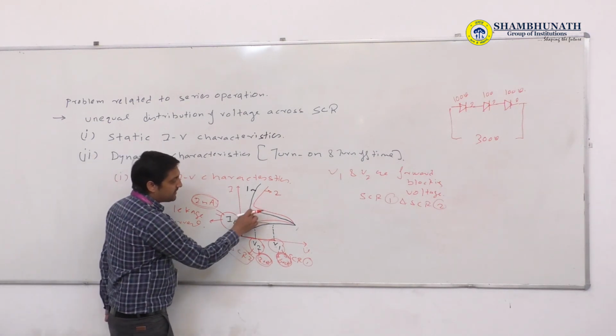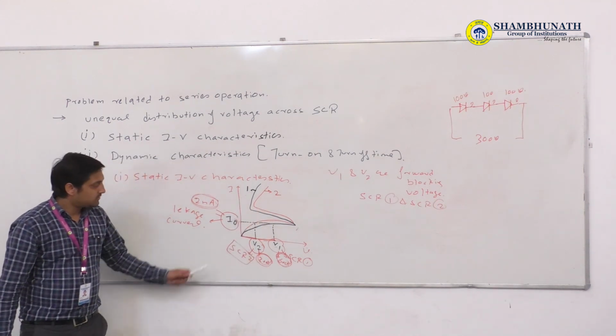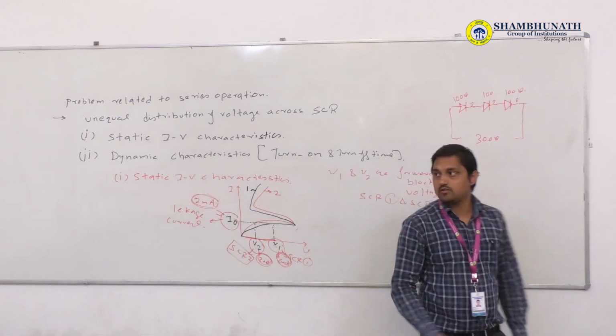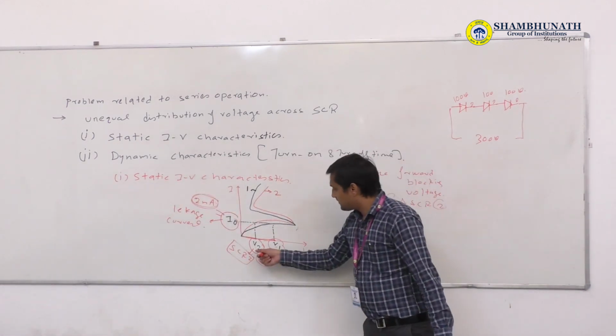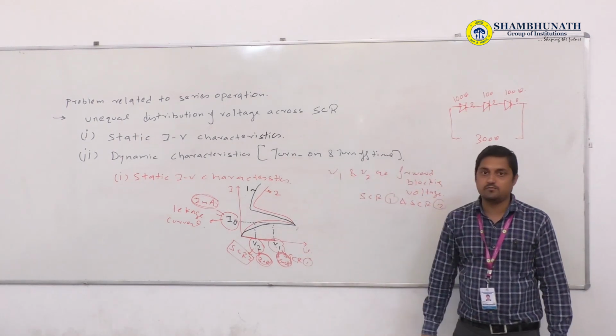Due to the different IV characteristics of the SCRs. So how can the problem of unequal distribution of voltage be removed?